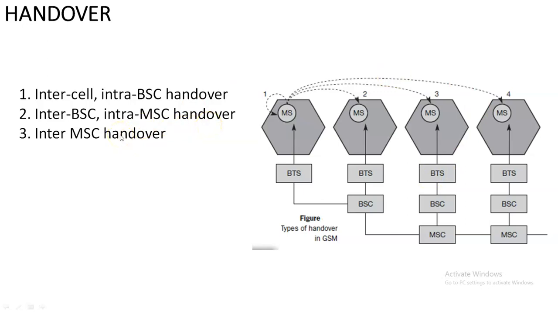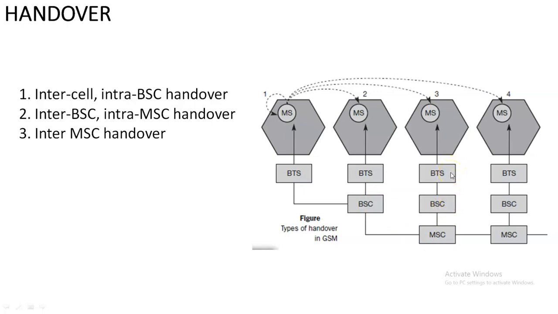The last one is inter-MSC, that is, the MSC itself is different. In this example, you are moving from cell 1 to cell 4. Similarly, once the signal becomes weaker, your BTS comes to know and informs the BSC. The BSC searches for a nearby BTS, but it cannot provide one because the range is too far. So it informs the MSC. The MSC also searches for a nearby BSC, and from the BSC for a nearby BTS.